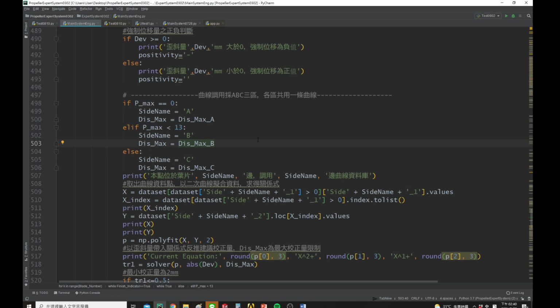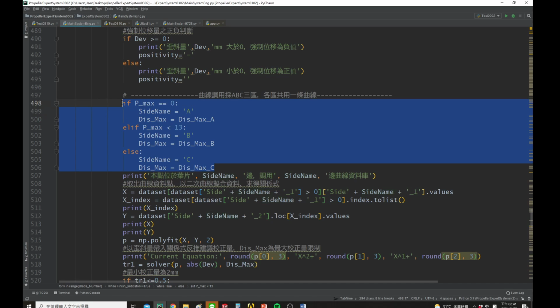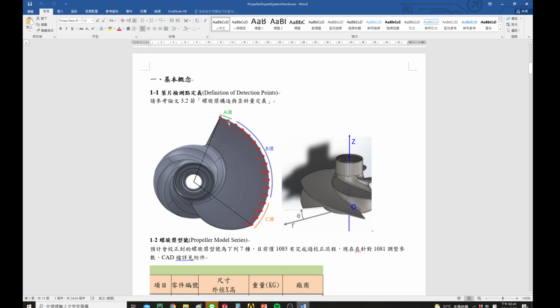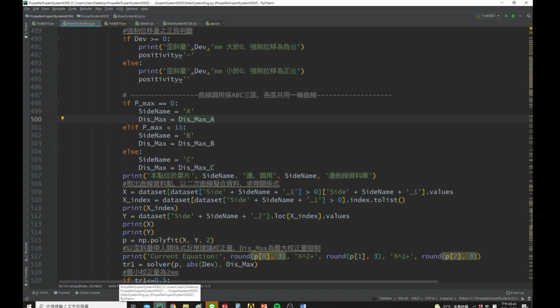Why not inside A? It's quite complicated, but in this graph point 2 is inside A, right? But in your program, point 2 is inside C. This is only for the demonstration, to let you understand the concept.